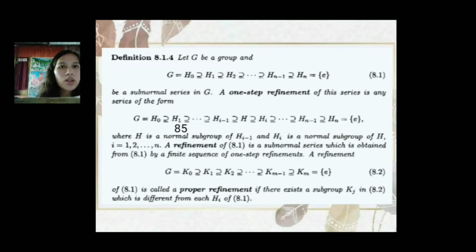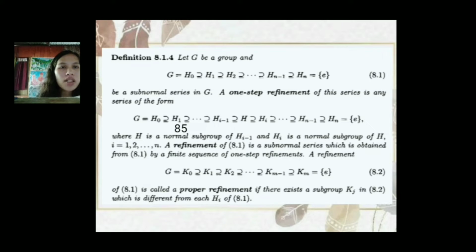A refinement of 8.1 is a subnormal series which is obtained from 8.1 by a finite sequence of one-step refinements.